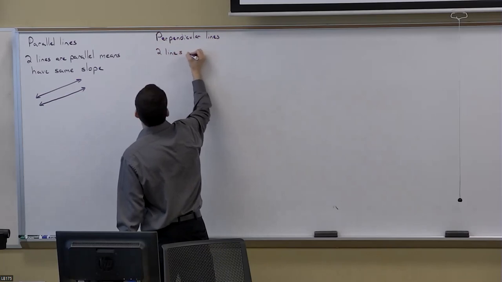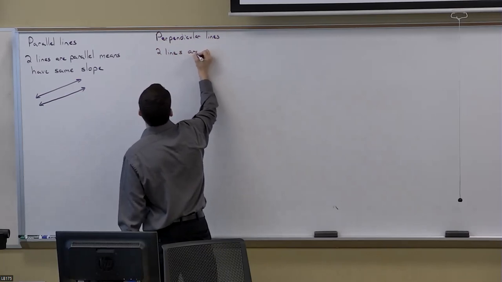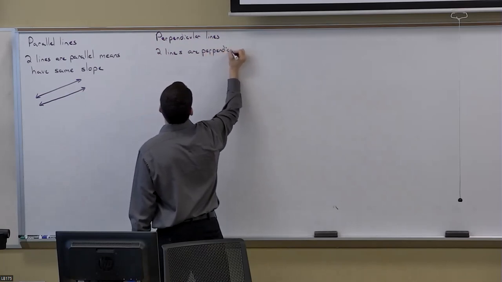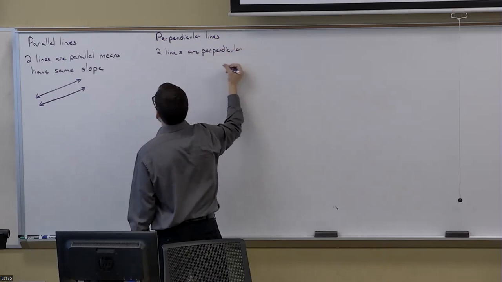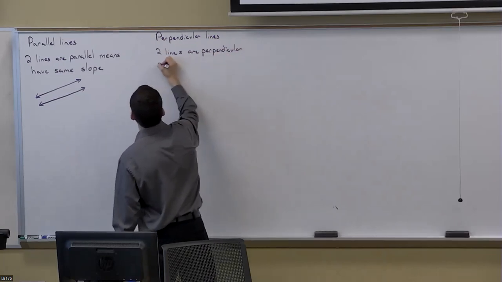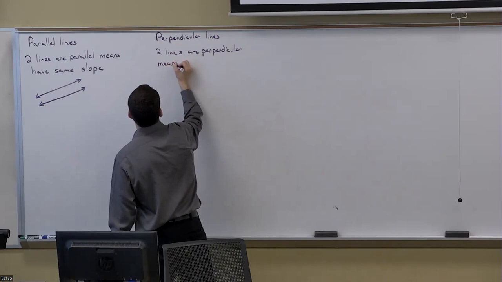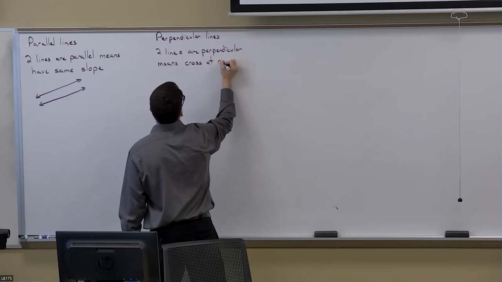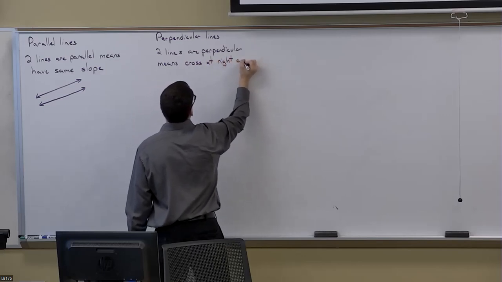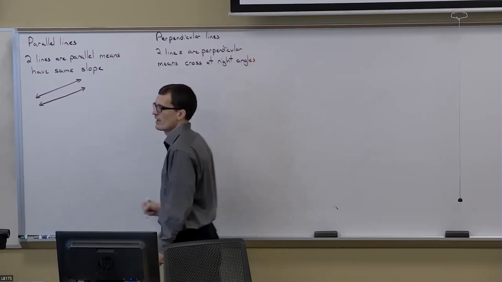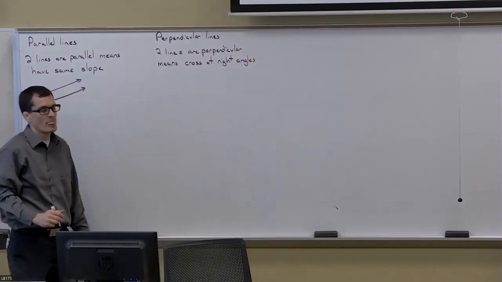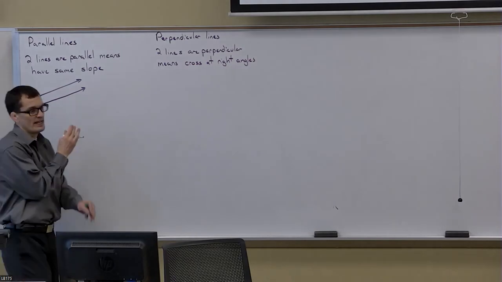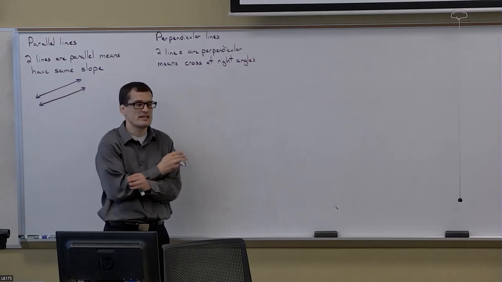Now, the other thing we're going to look at are perpendicular lines. So geometrically, perpendicular lines cross at right angles, meaning 90-degree angles.